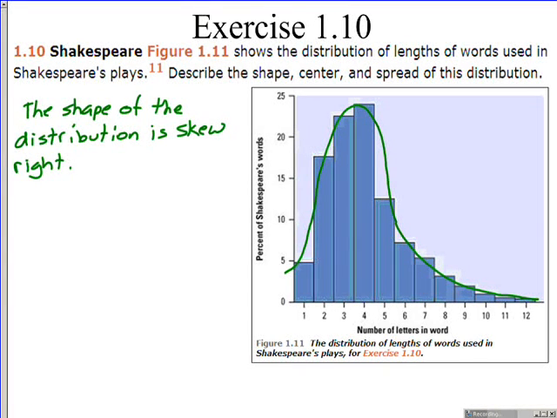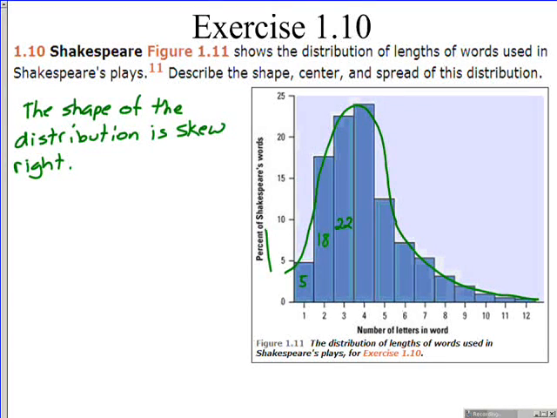Center, again, if we look at median, notice this is percent. So we know it's between 0 and 100. Where's the median going to occur? In the 50th percentile. So again, I'm going to go through and add up. This is approximately 5%. Here we have approximately, let's say, 18%. Here we have approximately 22%.